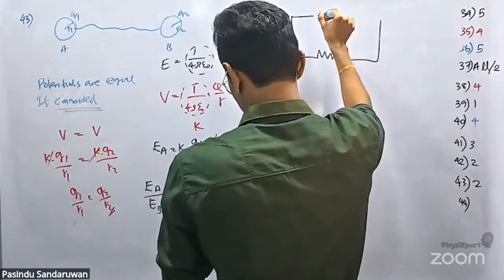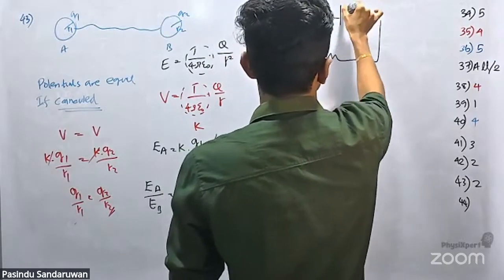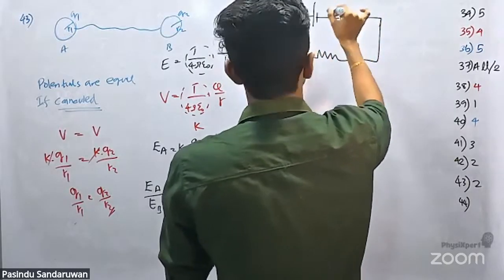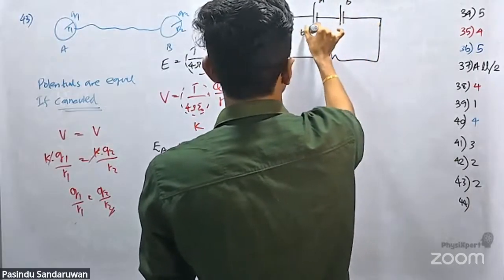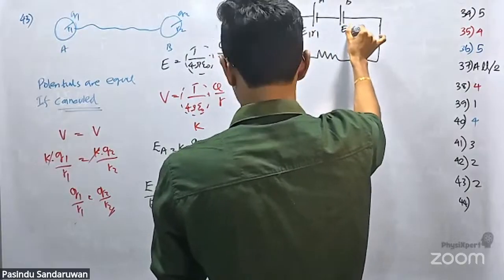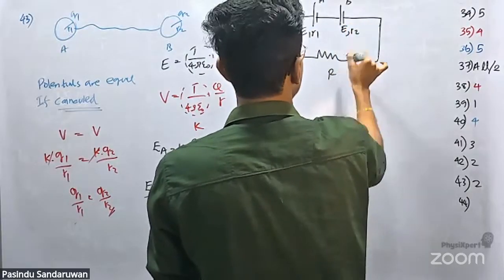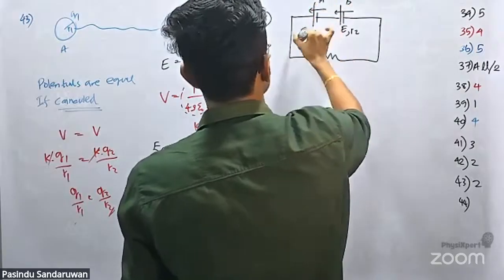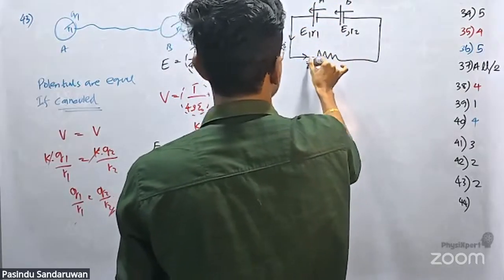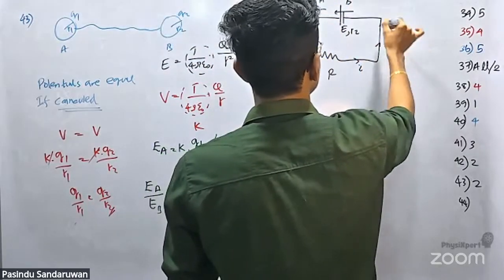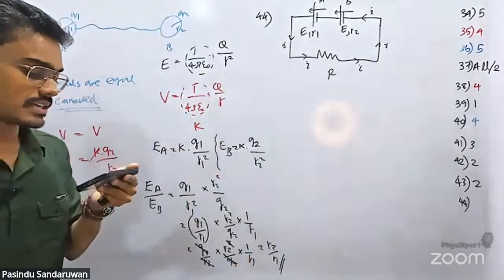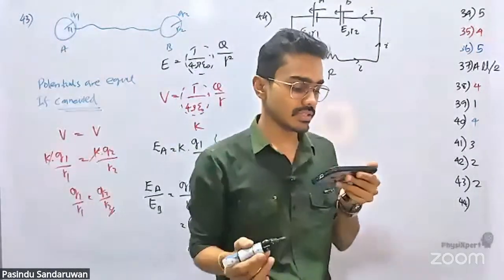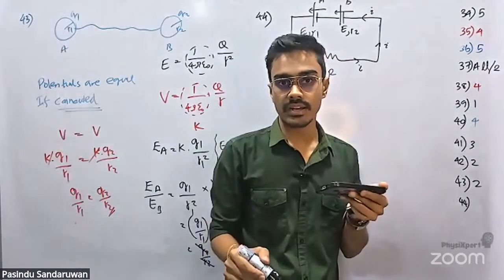This is E R1 and this is E R2, capital R. So this is how the current flows in this circuit. Current comes out from the positive terminal of the battery. And one special important data is given: potential difference of the ends of cell B is 0, right?